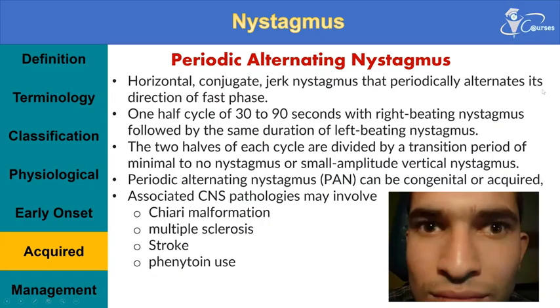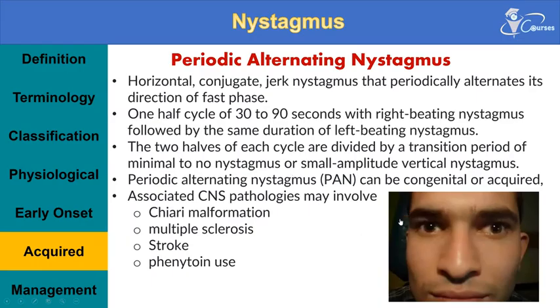So it periodically alternates its direction of the fast phase. For example, it takes 30 to 90 seconds beating to the right, followed by 30 to 90 seconds beating to the left. The two cycles of beating are separated by a transition period in which there is no nystagmus or minimal nystagmus.